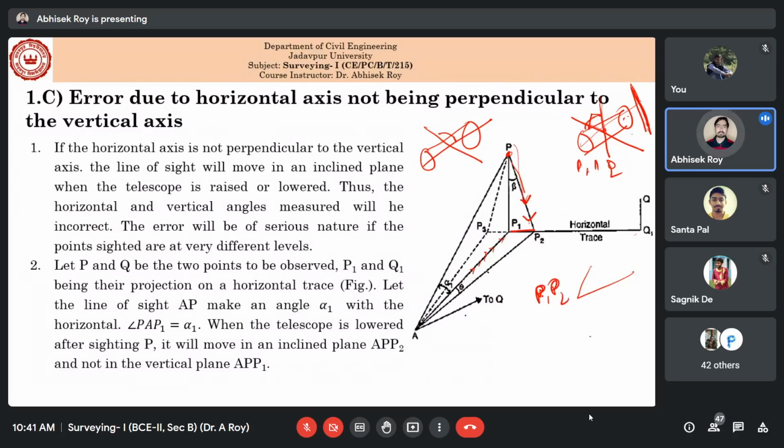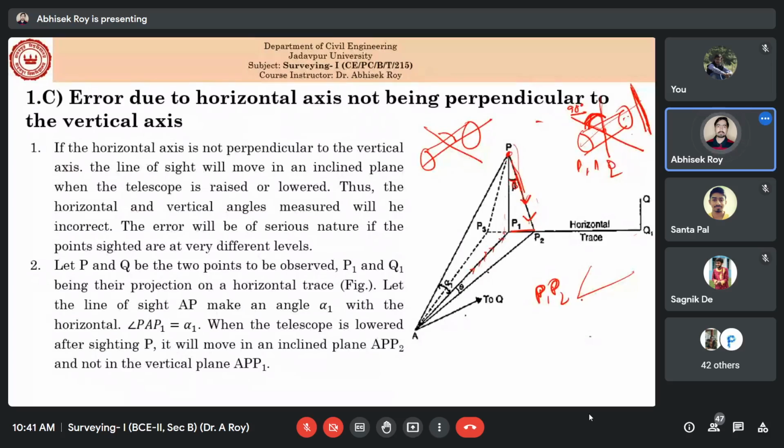Now, what is the amount of the error? If you look at this triangle, you can see that this is the beta, the error between the horizontal axis and the vertical axis. If the horizontal axis and vertical axis are perfectly at 90 degree, then the beta will be 0.